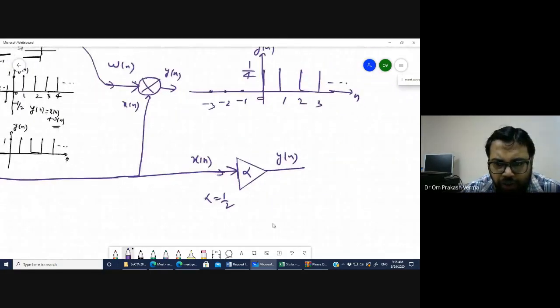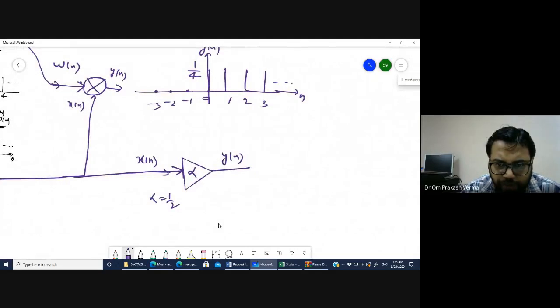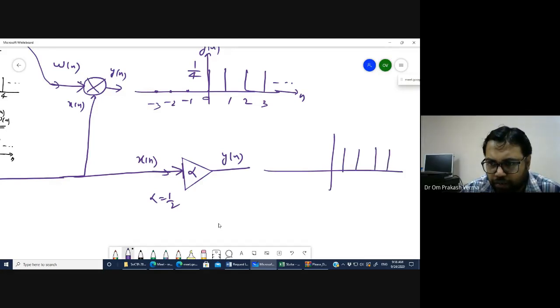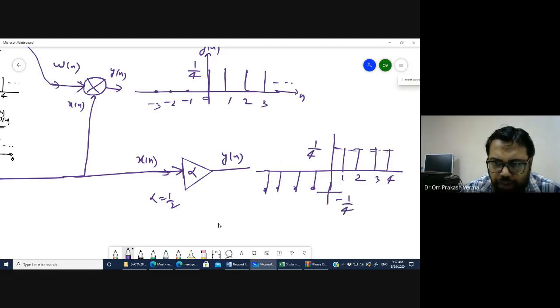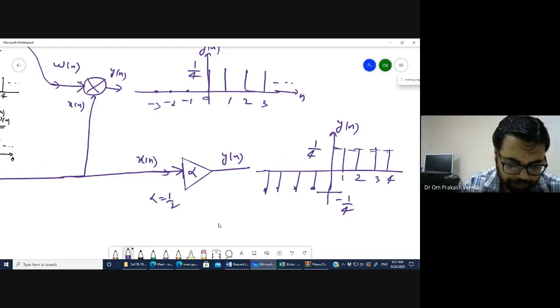So such types of signals will give, in the case 1, 2, 3, 4, the magnitude 1 by 4, and this side also we will get 1 by 4, and so on. So this is also minus 1 by 4, this is 1 by 4, and this is your yn. So this is the case you can get.